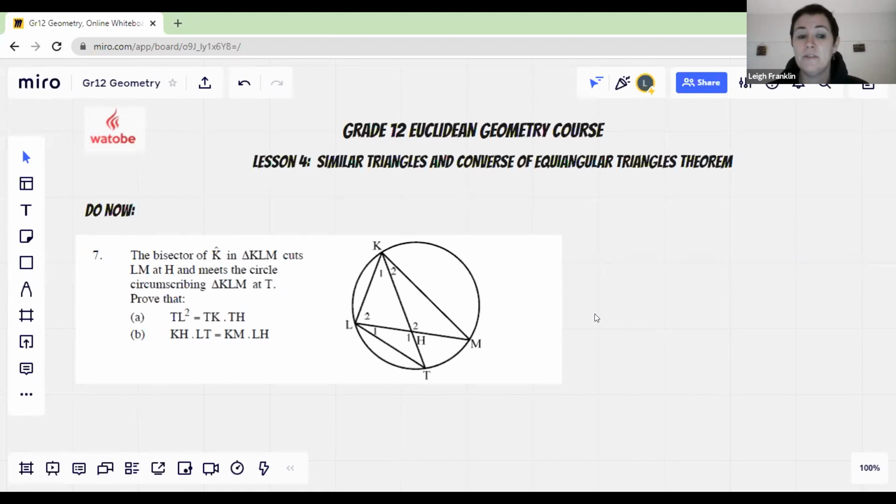Remember, they're not telling us which triangles to work in. So it's our job to figure out which triangles we're working in before we get started on the question. I want you to think a little bit about how we're going to create TL squared and what that means. And then we'll get underway in just 1 minute.